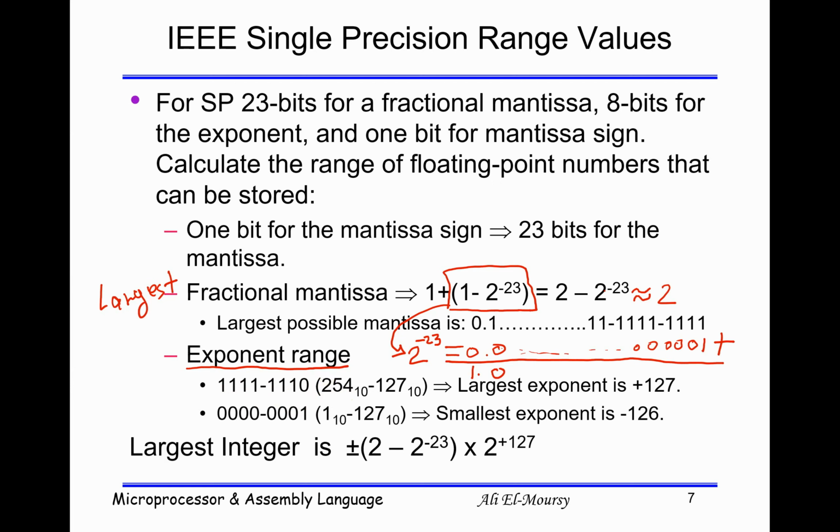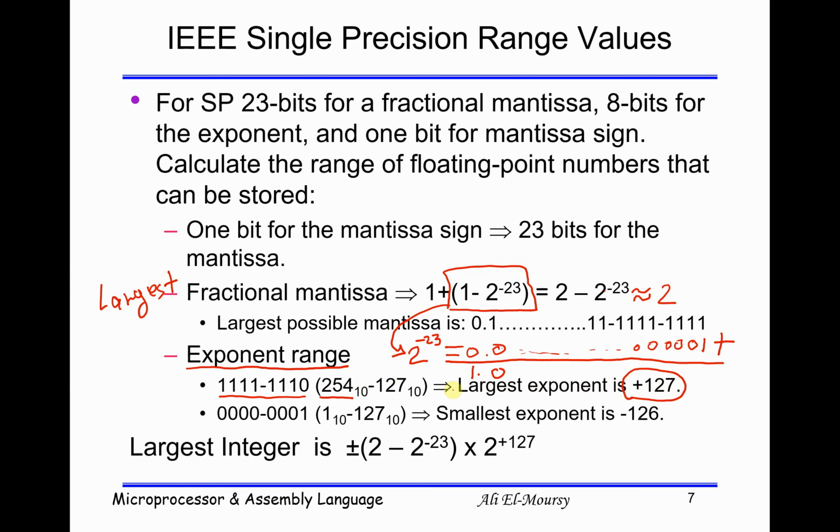Okay, if you don't believe me, go back to DLD. Calculate it using your calculator, but it is biased, so I have to unbias it: minus 127, so the largest exponent ever is positive 127. Agree? Okay, 254 minus 127 is 127.